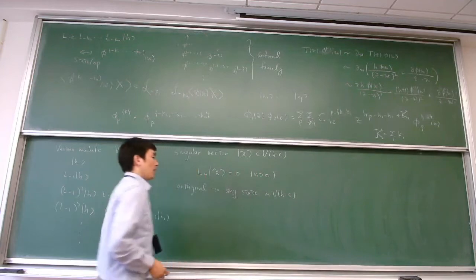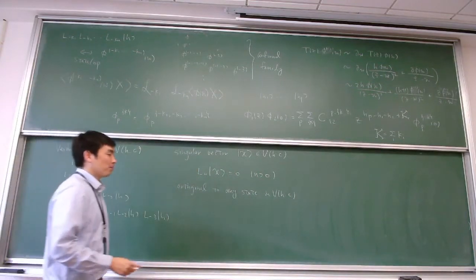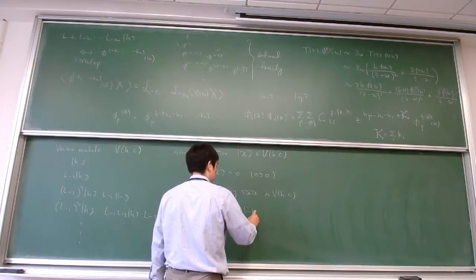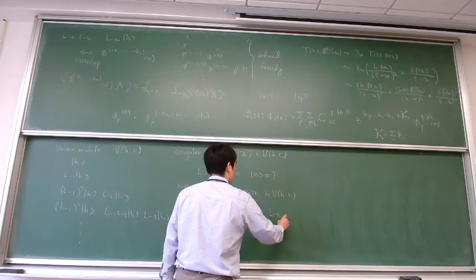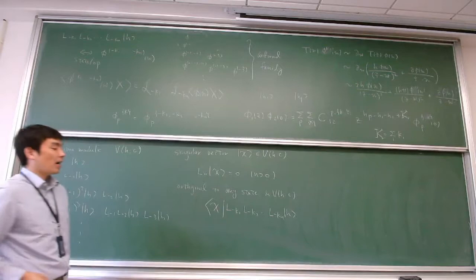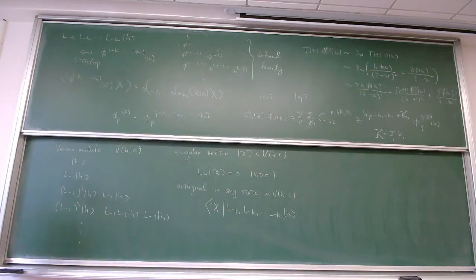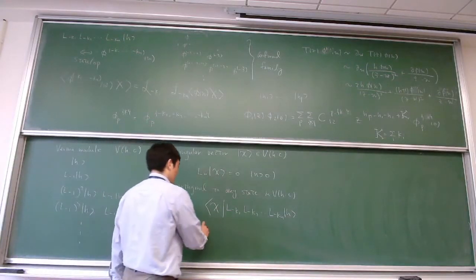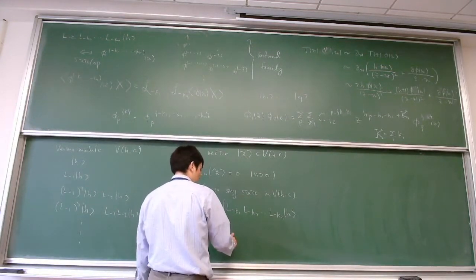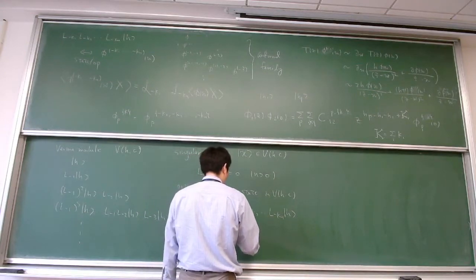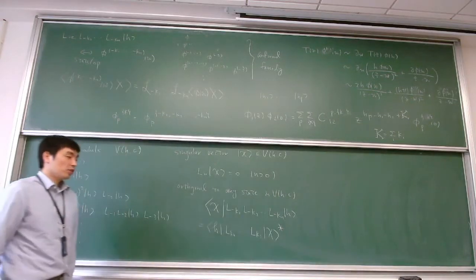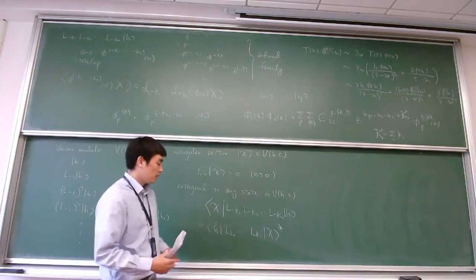Any state in the Verma module can be understood this way, and you just take the inner product with chi, the singular vector. So, taking the opposite, H, L_{-k_n} ... L_{-k_1}, and chi star, or dagger, whichever you call it. Yeah, dagger.